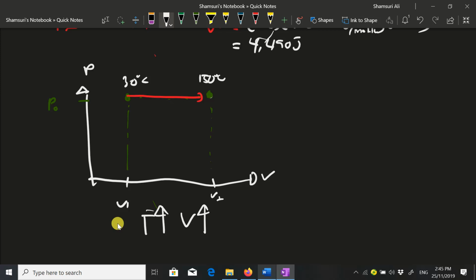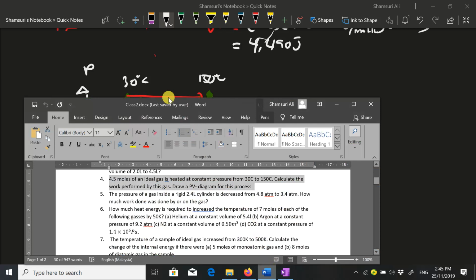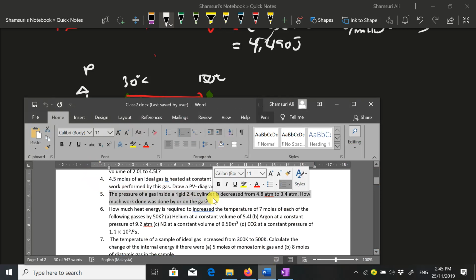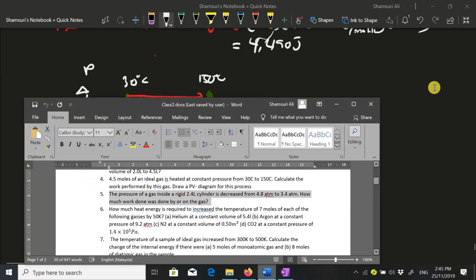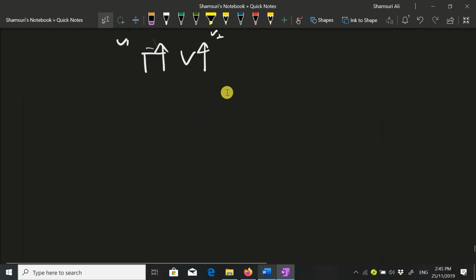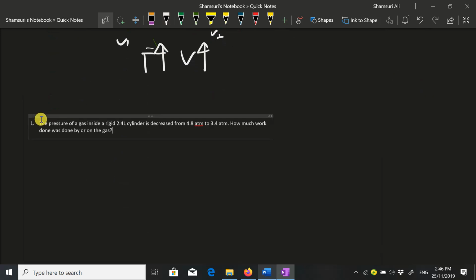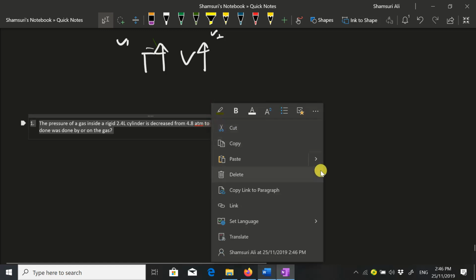Let's do question number 5, pressure. So we want to pick a size.